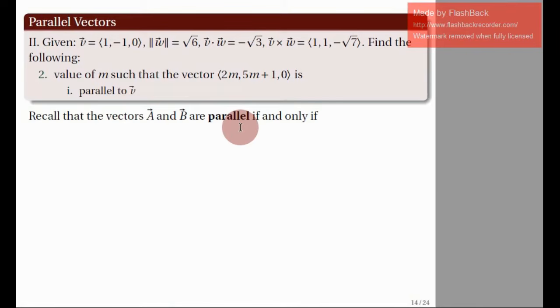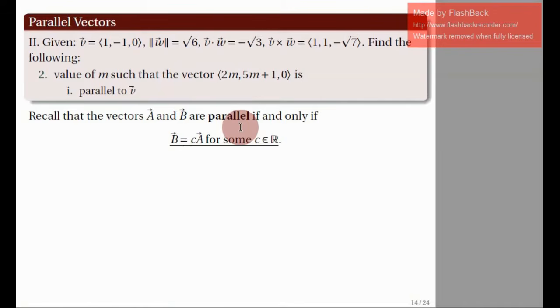Two vectors, vector A and vector B, are parallel if and only if one is just a scalar multiple of the other. That is, there exists some C, a real number, such that the second vector is just equal to C times the first vector.